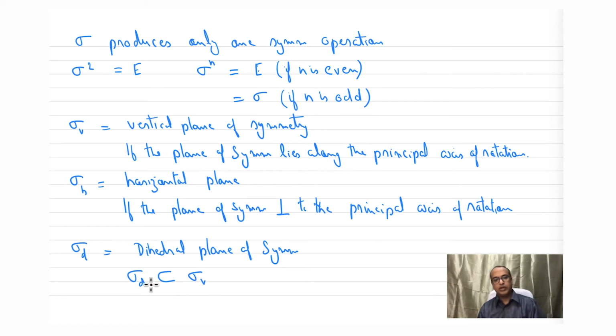So all sigma d's are also sigma v's, but not vice versa. All sigma v's are not sigma d's. That means sigma d will also lie along the principal axis, right?